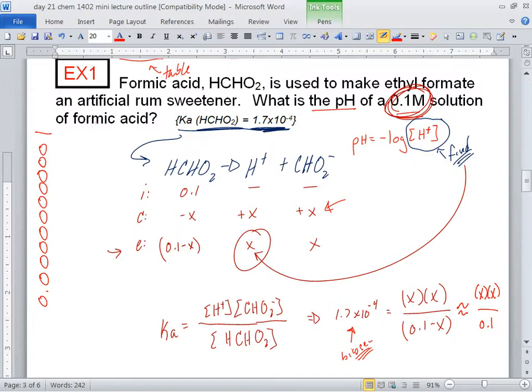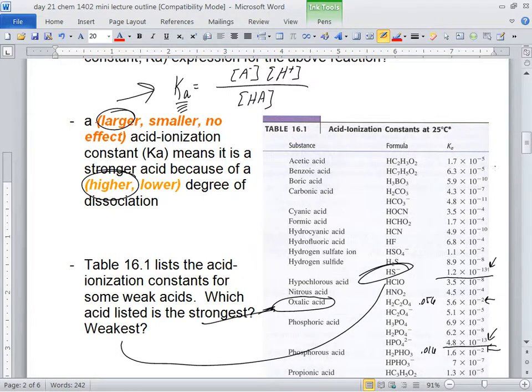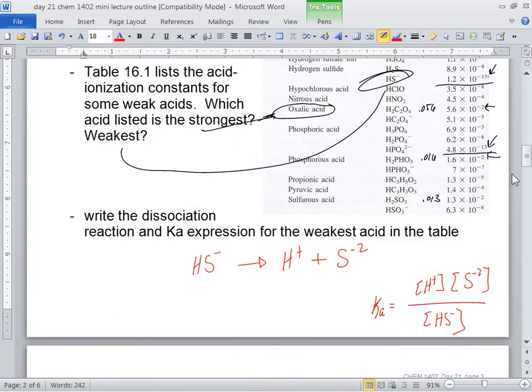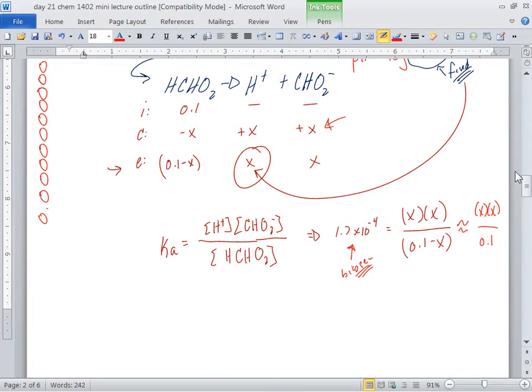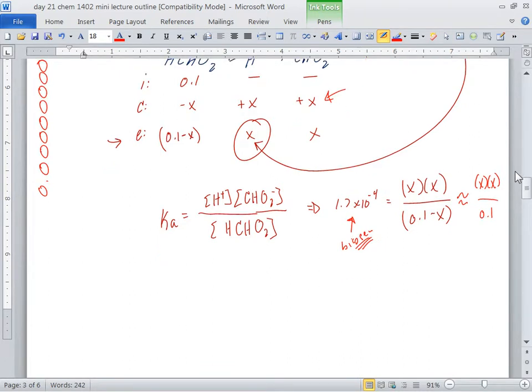I'm just guessing, because I'm looking at what my Kas are. I'm saying, hey, these are going to be really, really small numbers. So then I can just write this. I end up having 1.7 times 10 to the negative 4 equals x squared over 0.1.